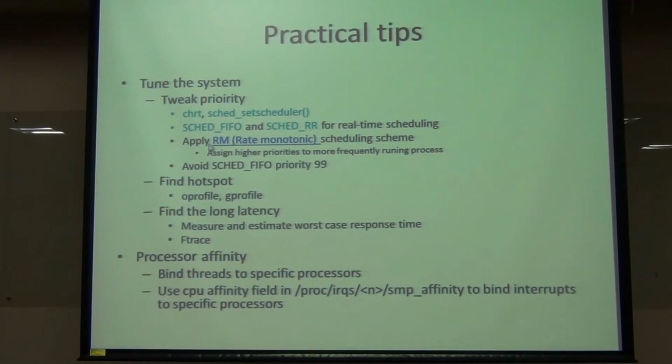If your applications or programs are mostly running periodically, or have to run every certain period of time, then you can just decide your priority based on the period of the application. So the more frequent, assign the higher priority. It's simple, but it guarantees schedulability of roughly 69%.